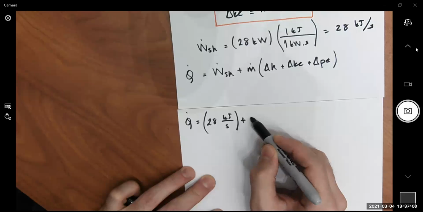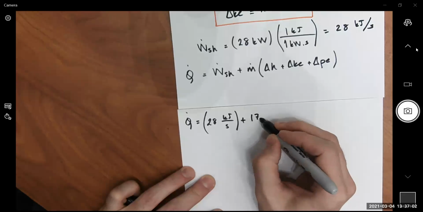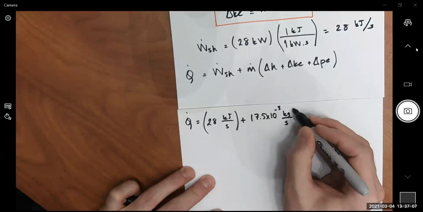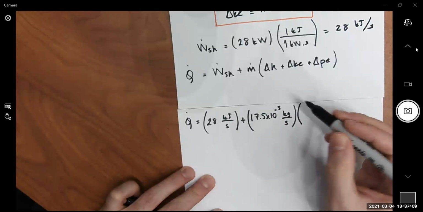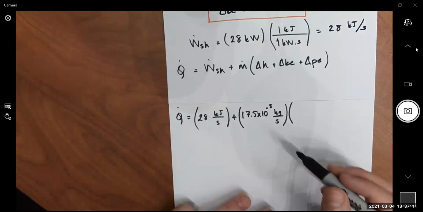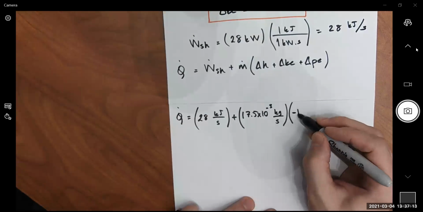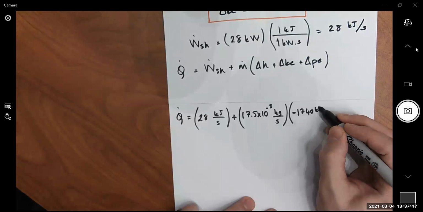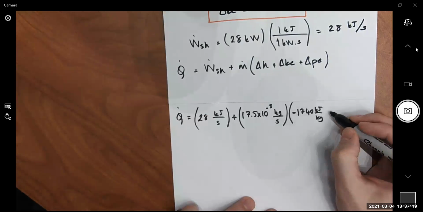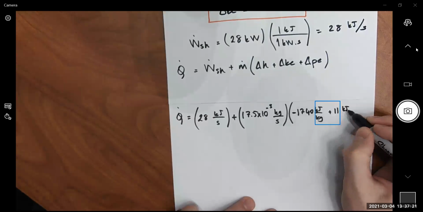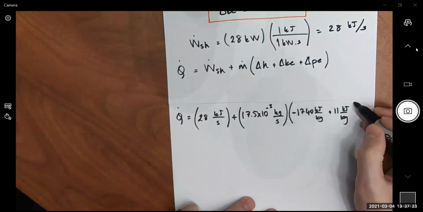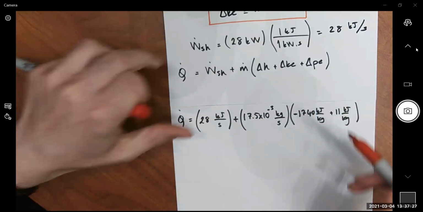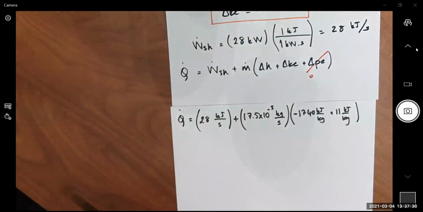Mass flow rate is 17.5 times 10 to the minus 3 kilogram per second. Enthalpy difference was minus 1,740 joules per kilogram plus 11 kilojoules per kilogram. Potential energy difference is negligible.